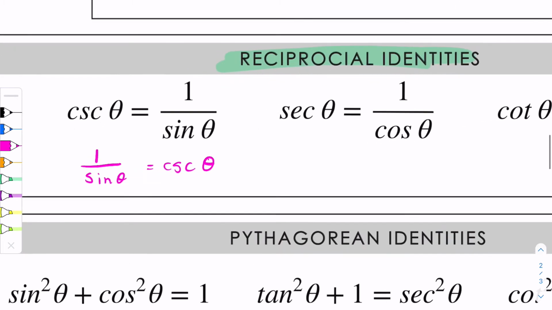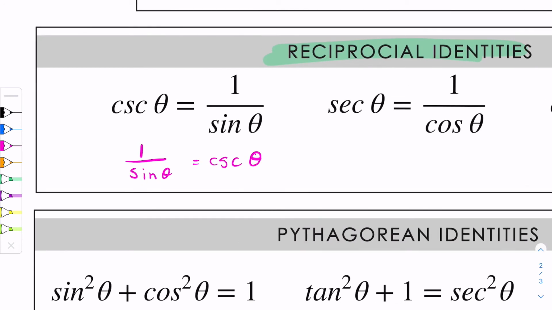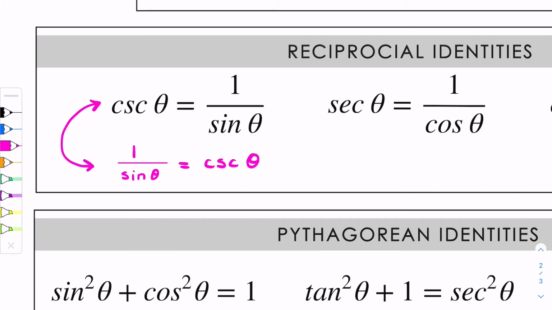So you will be using this sometimes, and other times you will be using this. It's probably a good idea to write on your note sheet that you can use it the other way. So let's neatly write that 1 over sine of theta is also equal to cosecant of theta. And you'll be using either one. When we first learned this, we learned that cosecant was 1 over y.